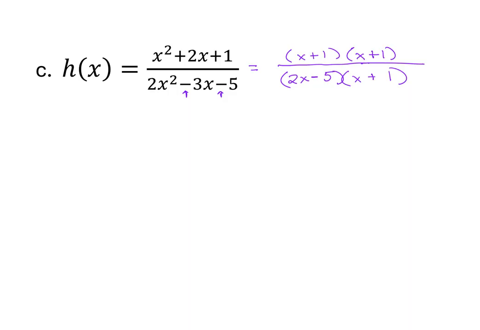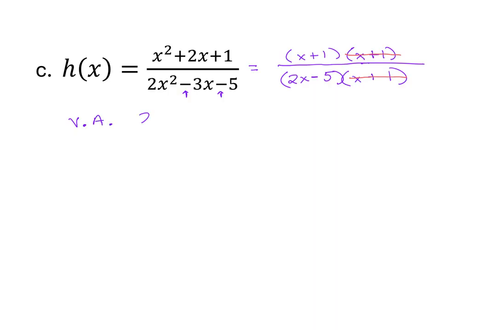The first thing is my x plus 1's cancel. So technically, when we graph this, it is the same shape as x plus 1 over 2x minus 5. So we just have one vertical asymptote here.